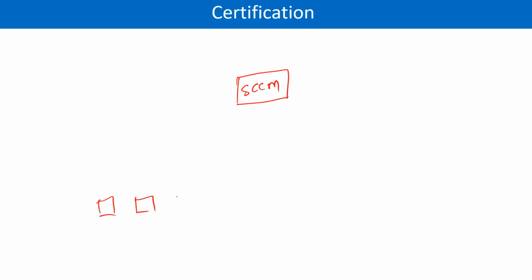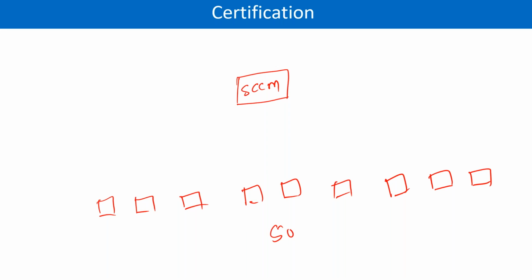And you can control the systems, okay? Thousands and thousands of systems. For example, you have like 50,000 devices, or 100,000 devices. Some devices are Windows 10, some devices are Windows 7, some devices are servers, right?